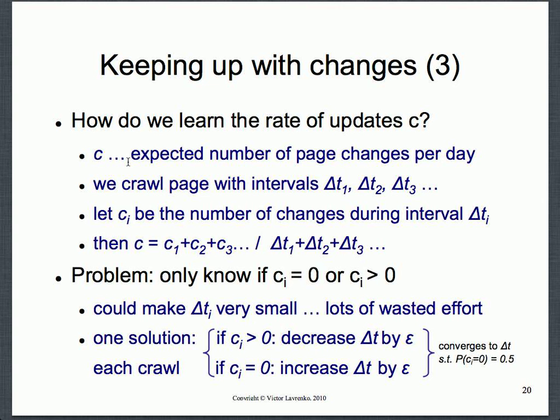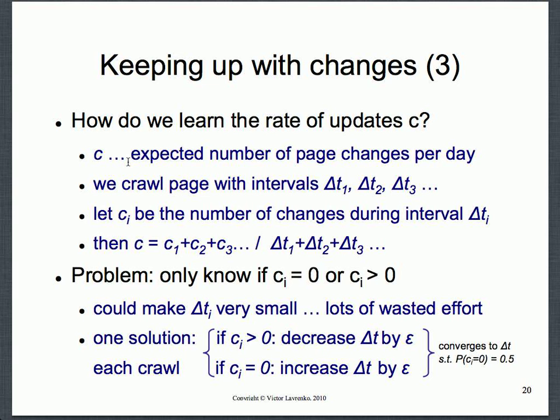So if you just put 1s instead of all Ci's, you're going to be underestimating the rate of change for the page. So how can you fix that? Well, you could try to make the deltas very, very small, right? Basically so small that either Ci is 1 or 0, but that of course is a lot of wasted crawling effort.